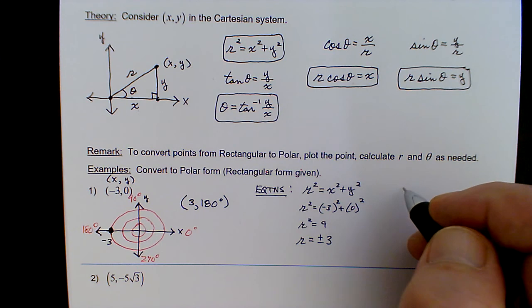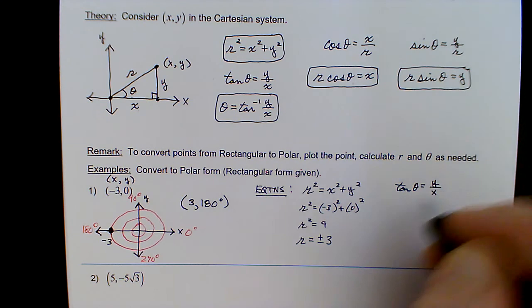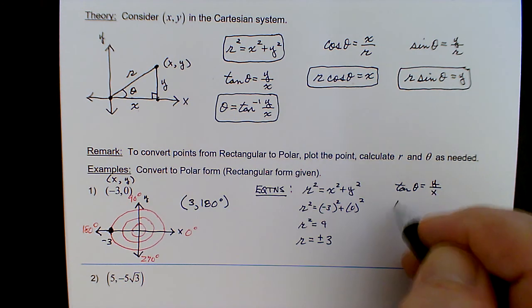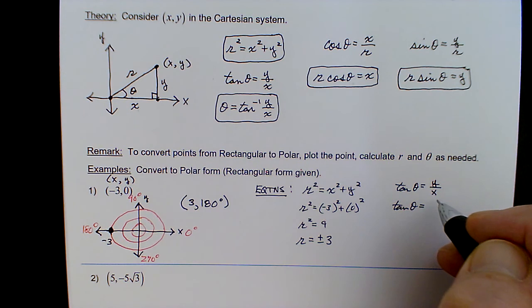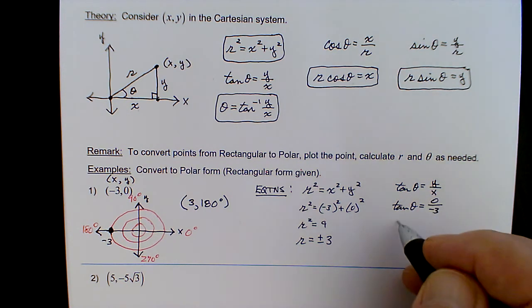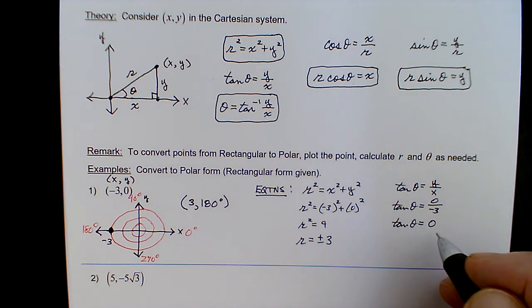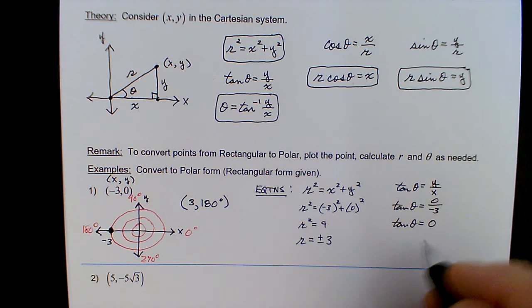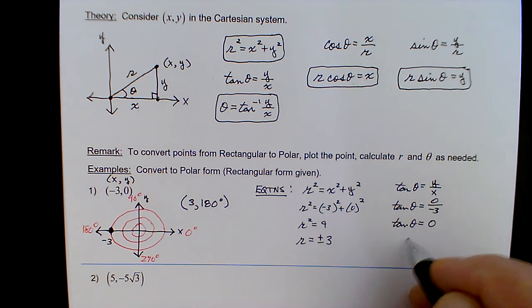So therefore we'll get the tangent function out of this. So the tangent theta is y over x. So tangent theta, y is 0, x is -3. So the tangent theta is 0. Alright, so now we're looking for where the tangent is 0. And you could use your calculator, or look at the graph of the tangent function.